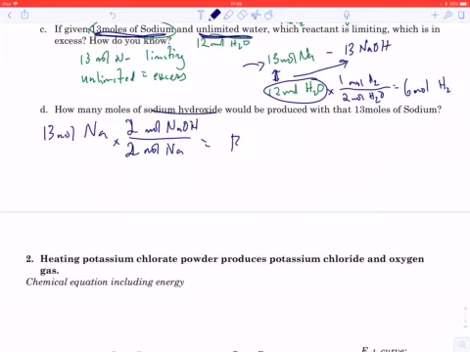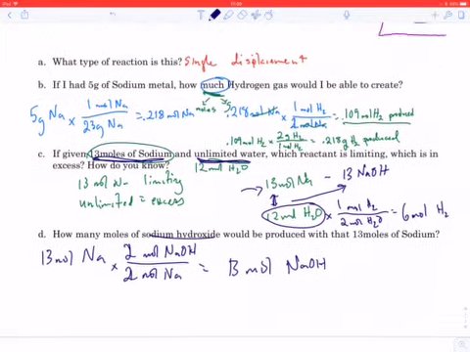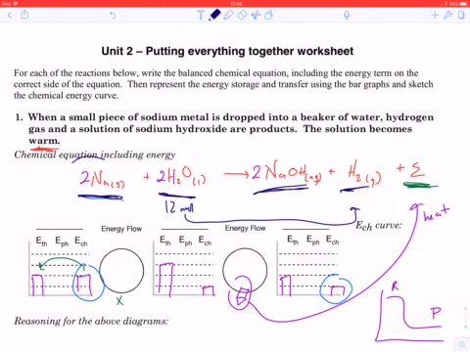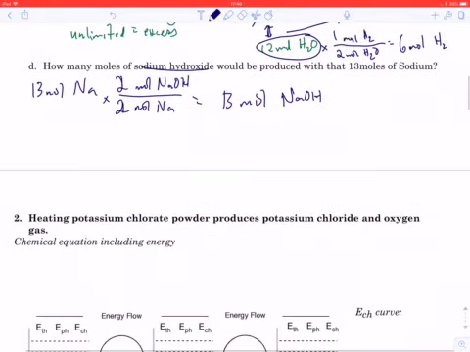All right, and that gives us 13 moles of NaOH. So again, going back, where am I getting that ratio? I'm getting that ratio up here. Sodium with sodium hydroxide, a 1-to-1 ratio. And so now I can know that if I had 13 moles of sodium, theoretically with that unlimited water, I would get 13 moles of sodium hydroxide.